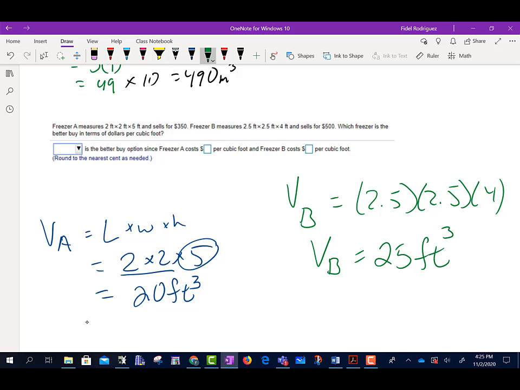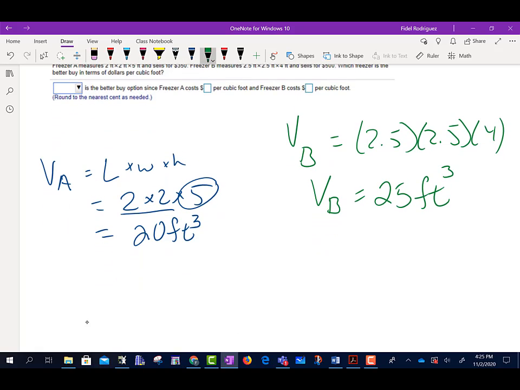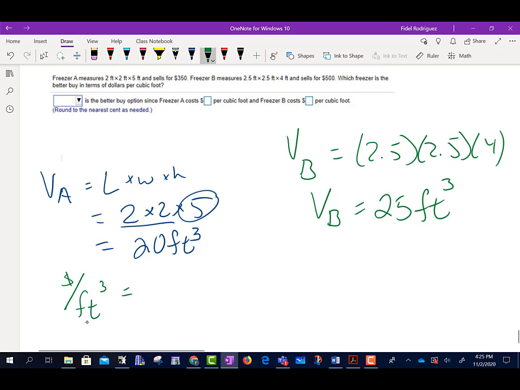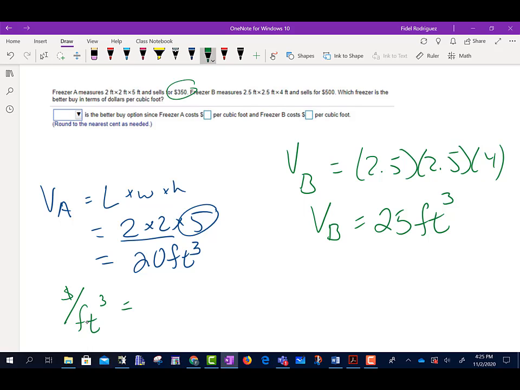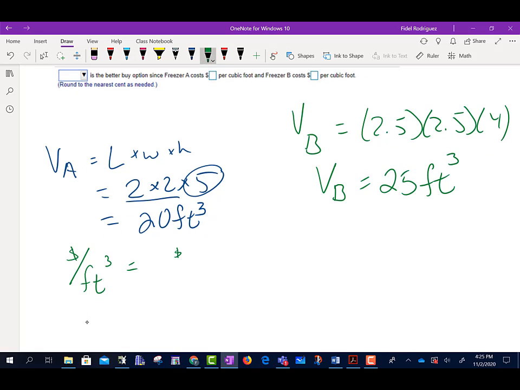Okay. So now it says, which freezer is a better buy in terms of dollars per cubic foot? Okay, so they're asking me to do it in dollars per cubic foot. So freezer A was 350, right?